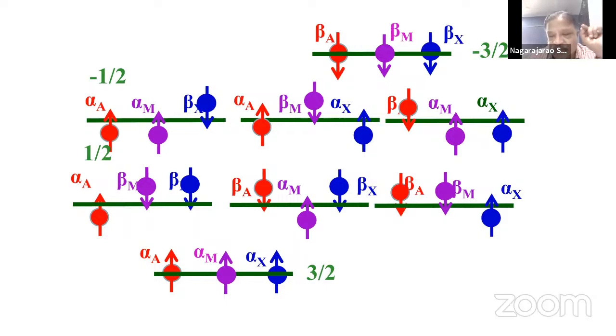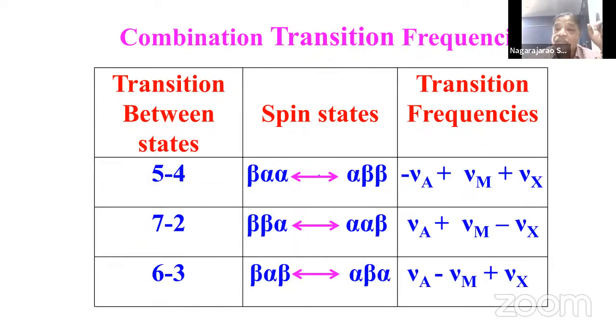You are not going to see that in weakly coupled AMX. Whereas you are going to see that in the strongly coupled case. For example, these 3 transitions come at the difference of the frequencies like this: plus X plus M, plus X minus A, plus A plus M minus A. Like that, it comes at some difference of the transitions.